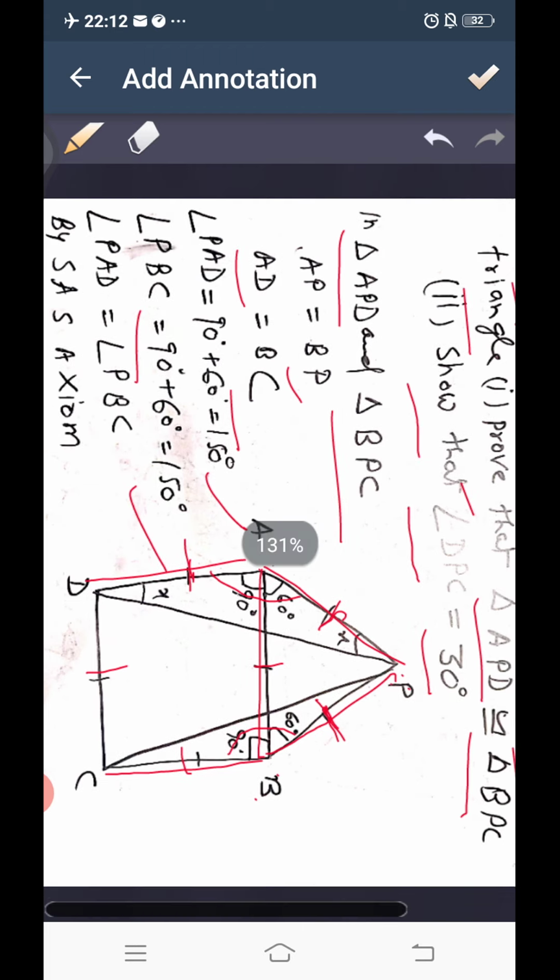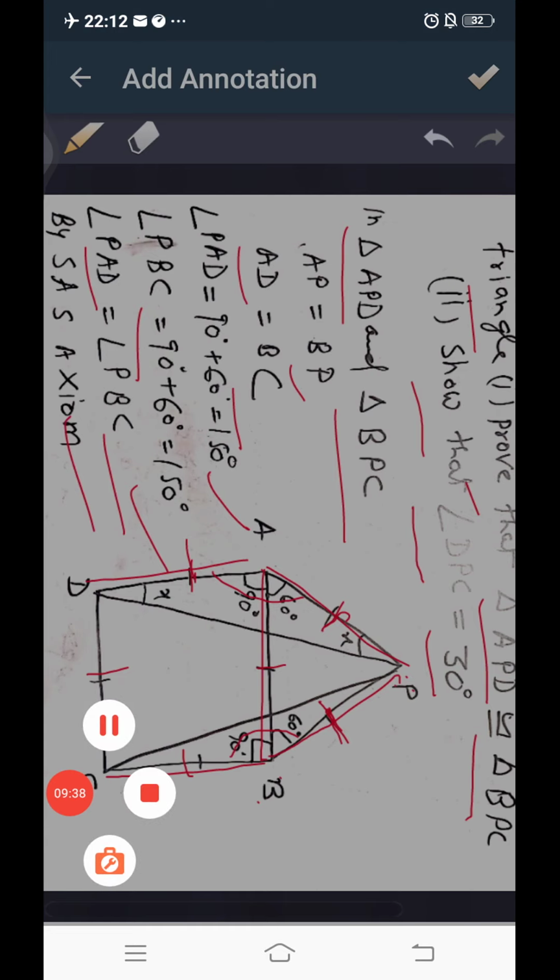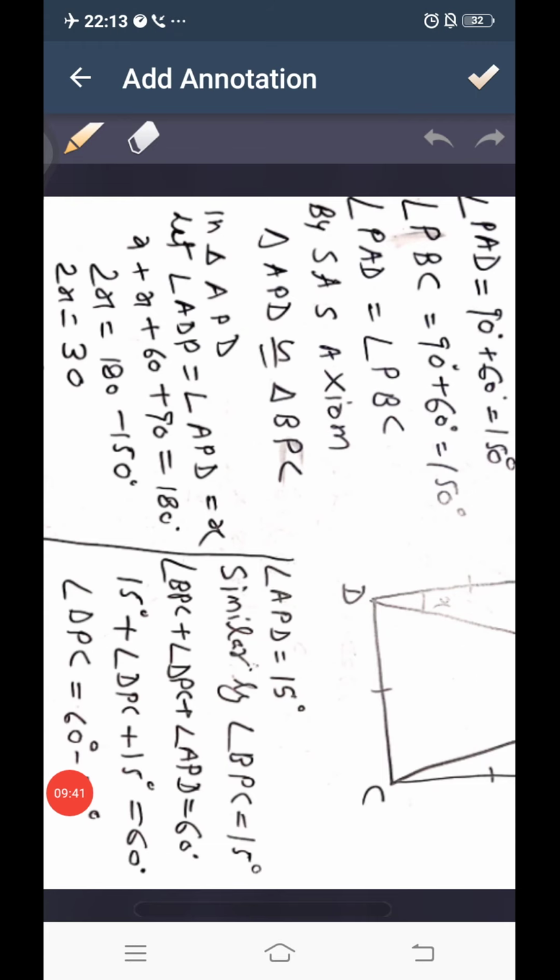So we can say that angle PAD equals angle PBC. So here we apply again the side-angle-side axiom of congruency, and we can say triangle APD is congruent to triangle BPC.